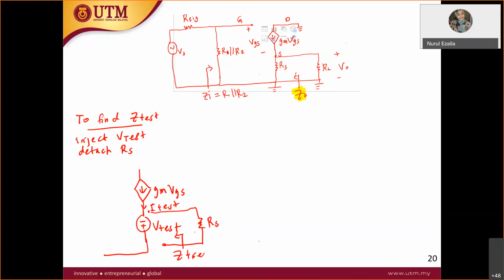Your objective now is to find your Z test. Sorry, wrong drawing, so it's like this. This is ground. Since this is your drain, this is your gate, this is your source, therefore you have VGS over here. So this is how the drawing looks like.